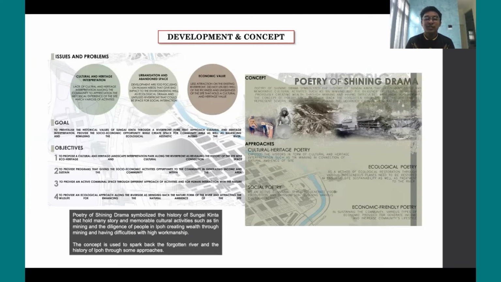The concept is used to spark back the forgotten river and the history of Ipoh through some approaches: cultural heritage poetry, ecological poetry, social poetry, and also economic friendly poetry.